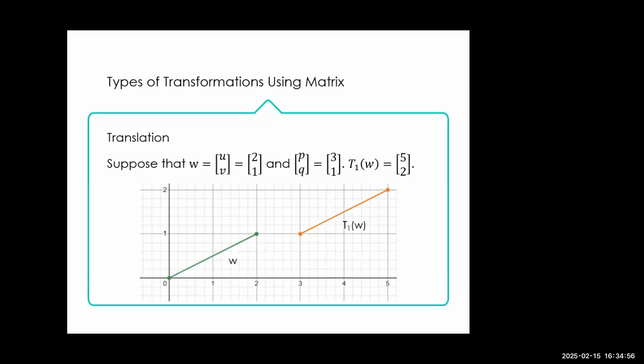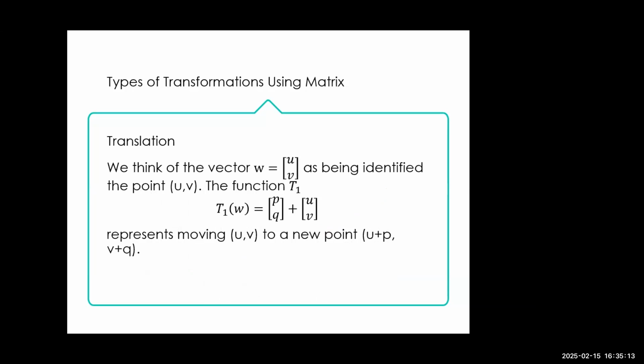We can look at the example. W is my original vector or segment of the line, and the new transformed one will be T1 times W, which is defined as the first vector plus the second vector.